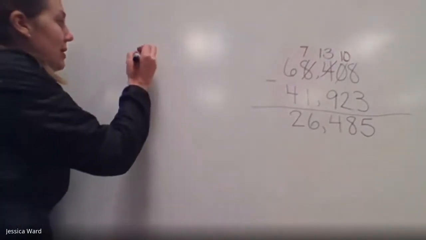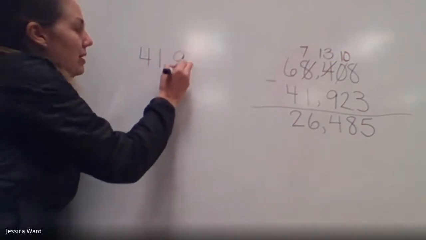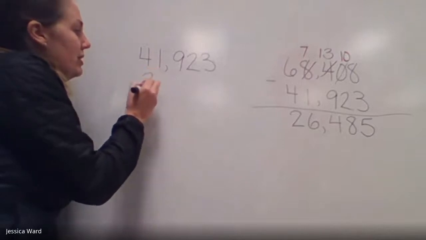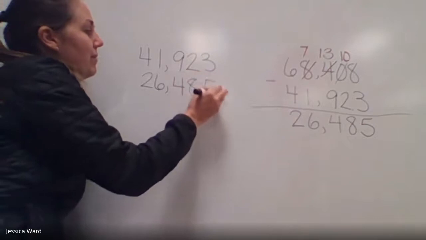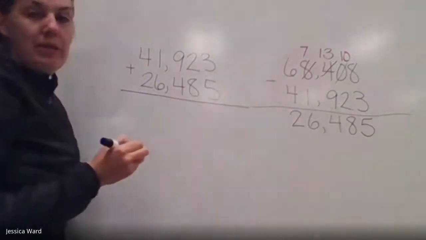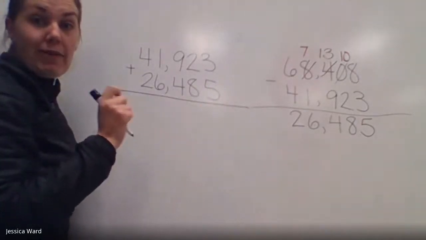So let's double check and make sure that that is the case. I'm going to write 41,923 and 26,485. I'm going to add these two numbers together to see what I get. I should get 68,408 if I did it correctly.